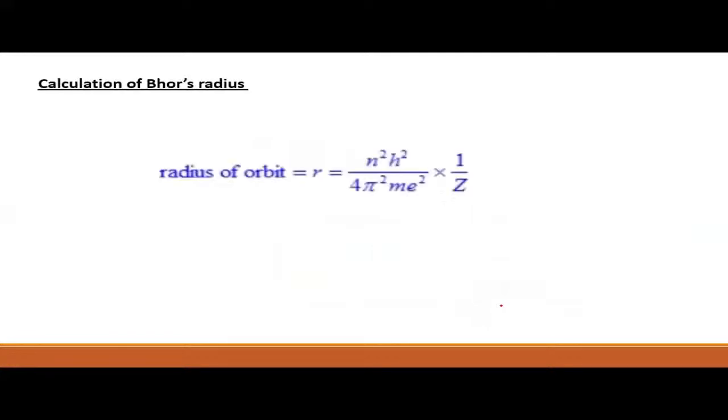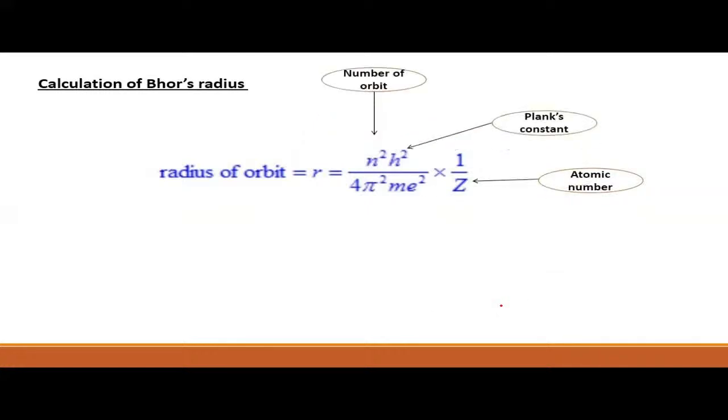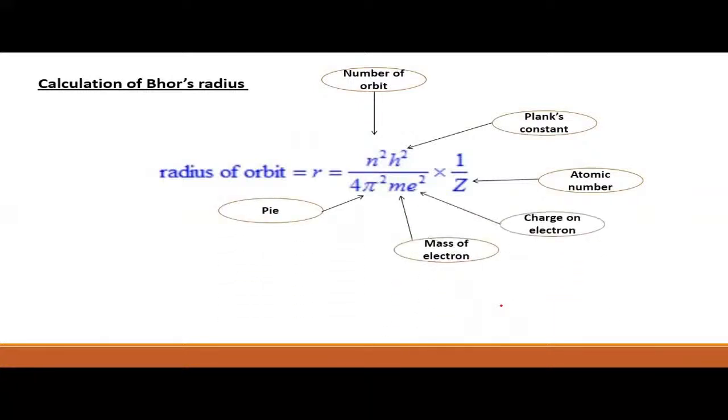Now, calculation of Bohr's radius. So this is the formula. In this formula, Z is atomic number, n is number of orbit or energy level, h is Planck's constant, this is pi, this is mass of electron, and this is charge on electron.